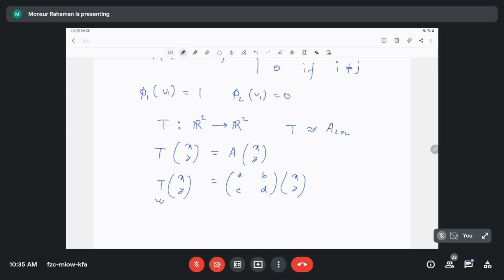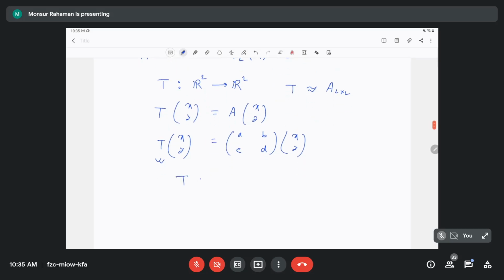In the same way, if T is a linear transformation from R2 to R, this is a linear functional, so T will be a matrix of 1 cross 2, a row matrix actually.